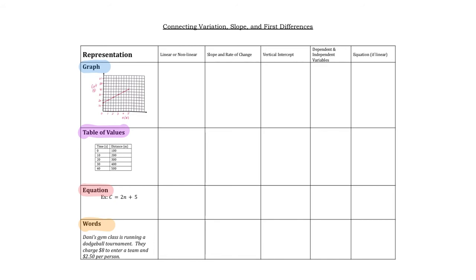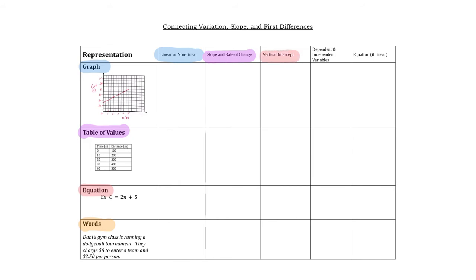Looking across the top row, what we're going to examine is, can you determine whether the relationship is linear or nonlinear? Can you determine the slope or rate of change of that problem? Can we deal with a vertical intercept?